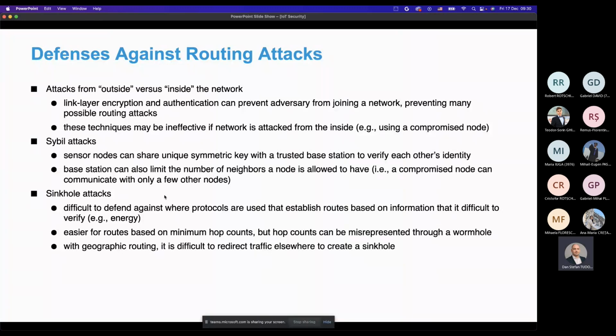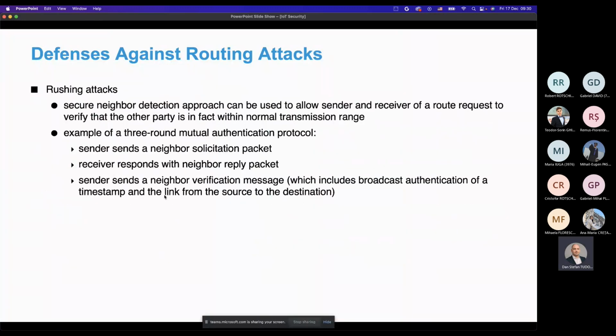Okay, and then you have rushing attacks that we've discussed in a previous slide. In rushing attacks, the node's goal is to exploit the route discovery process in on-demand routing protocols and to position itself on as many routes as possible. So to prevent such an attack, a combination of several protective measures can actually be employed.